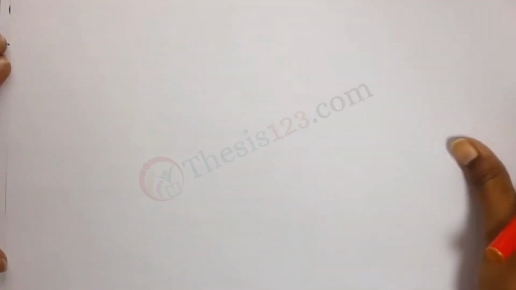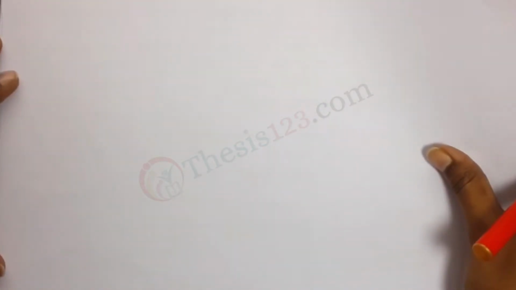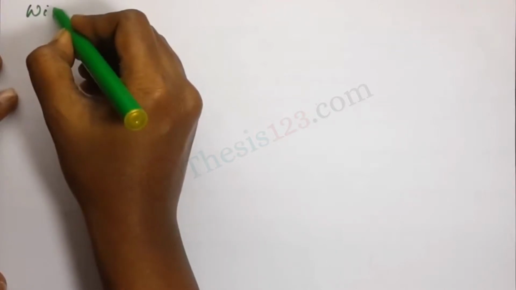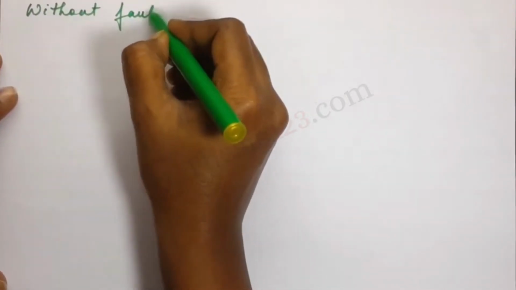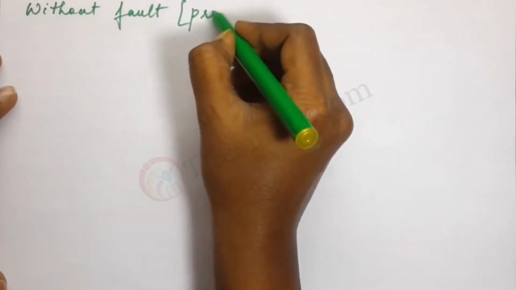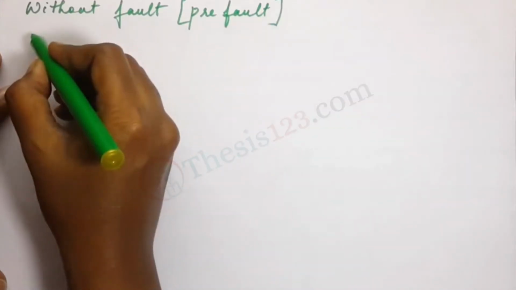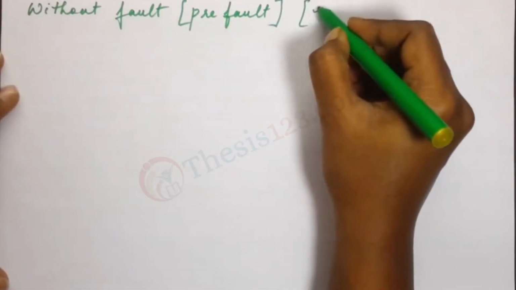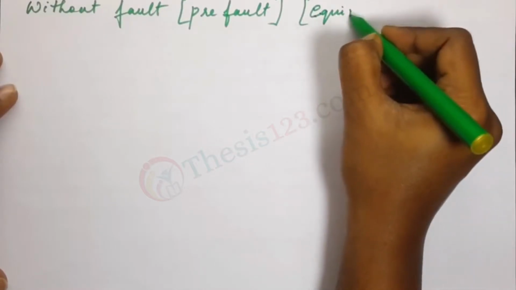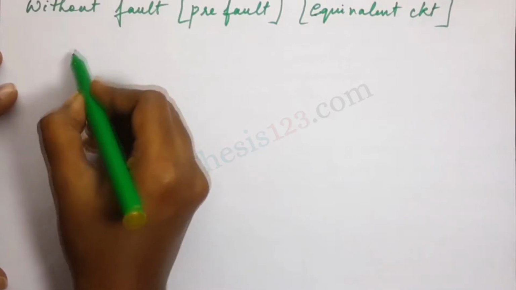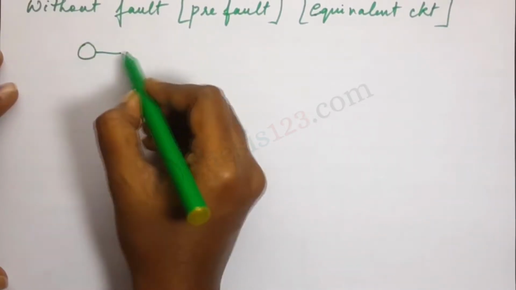So the first step, let's write down, this is without the fault occurring, or pre-fault. And this is the equivalent circuit. Let me just draw that.